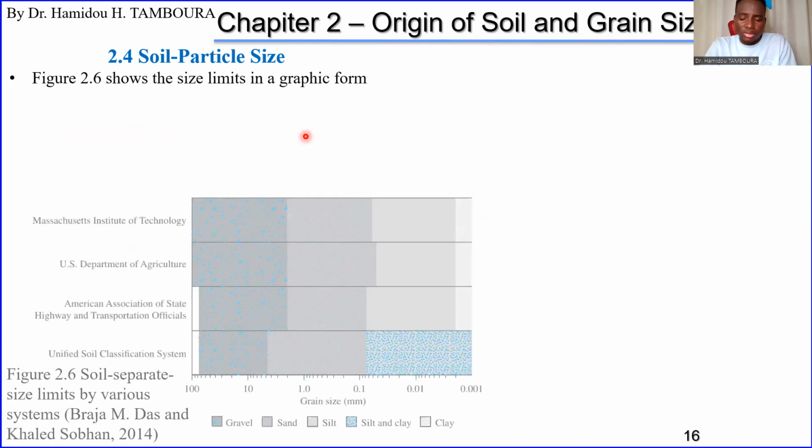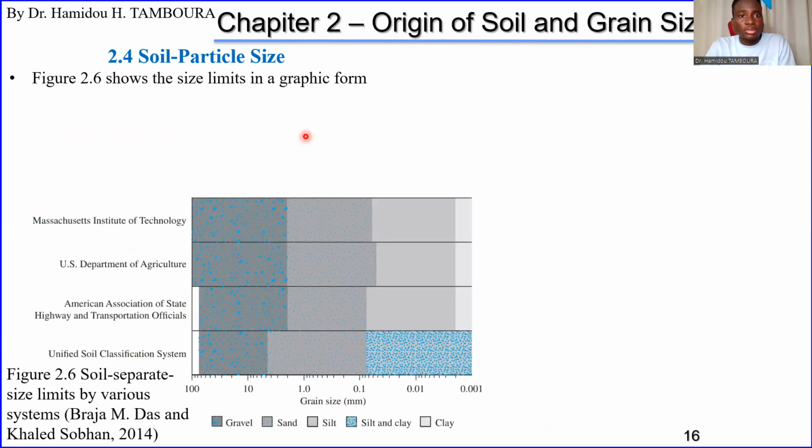This figure also shows this classification in a graphic form, the same classification we have seen in the previous table. You can see here, this is gravel, and this is sand, and silt.